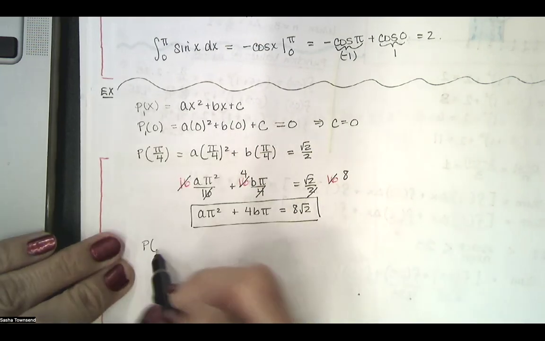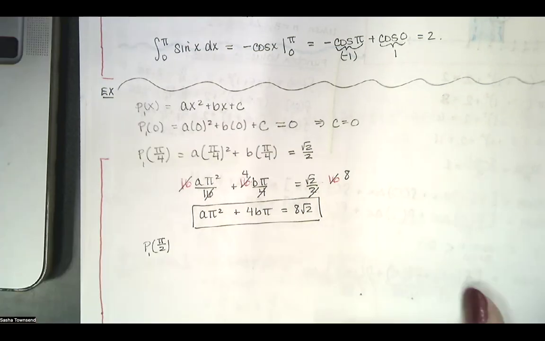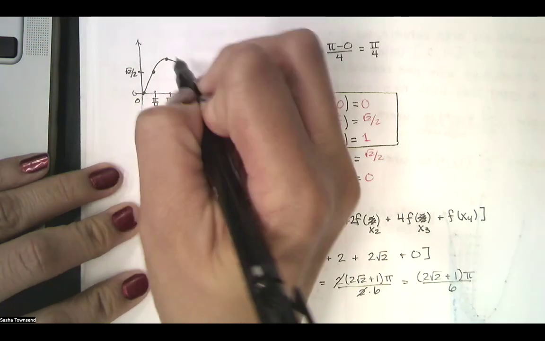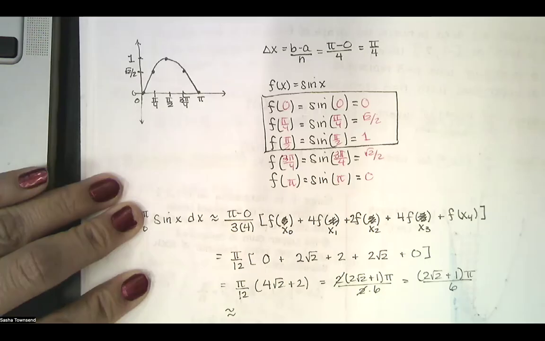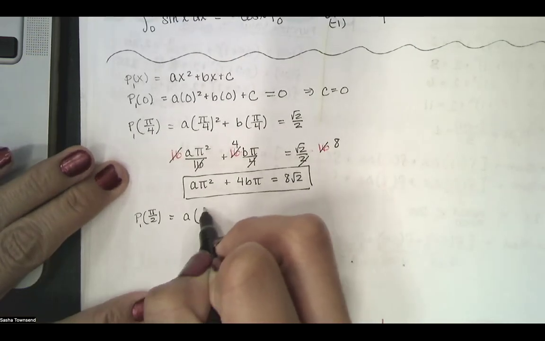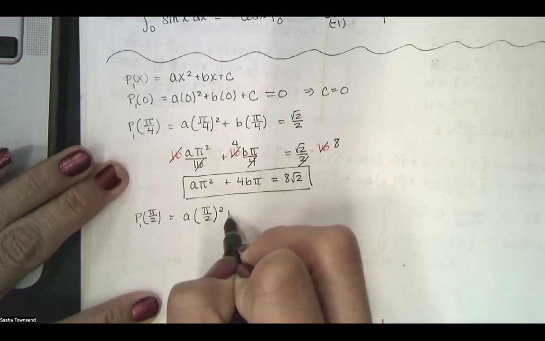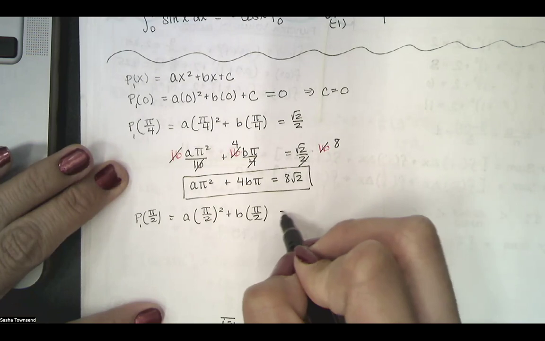Now we also want to require our polynomial to have a value of 1 at pi over 2, because we know that when x is pi over 2, the sine function is equal to 1. So we want a times pi over 2 squared plus b times pi over 2 plus our c, which is 0, to equal 1.